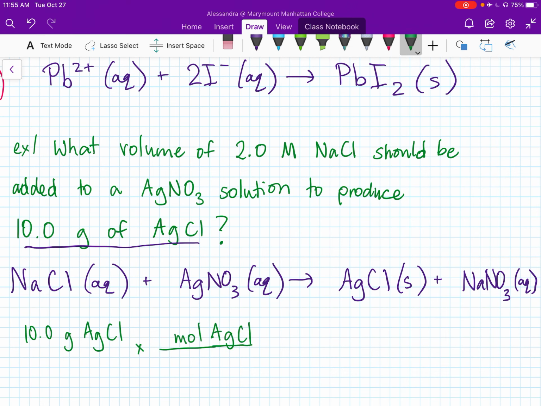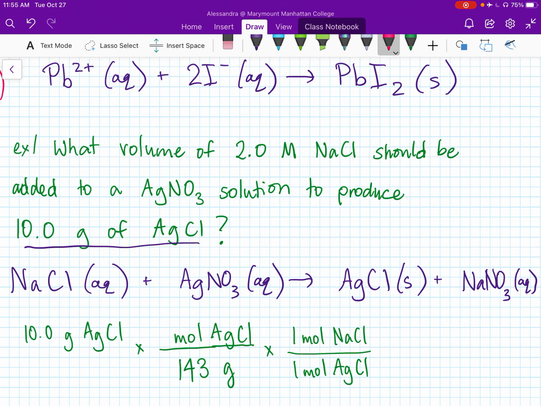The molecular weight of silver chloride is about 143 grams per mole. Now, looking at that balanced equation, I have a one-to-one relationship of sodium chloride to silver chloride. There's 1 mole of silver chloride produced for every mole of sodium chloride. I get that from the stoichiometry of the equation.